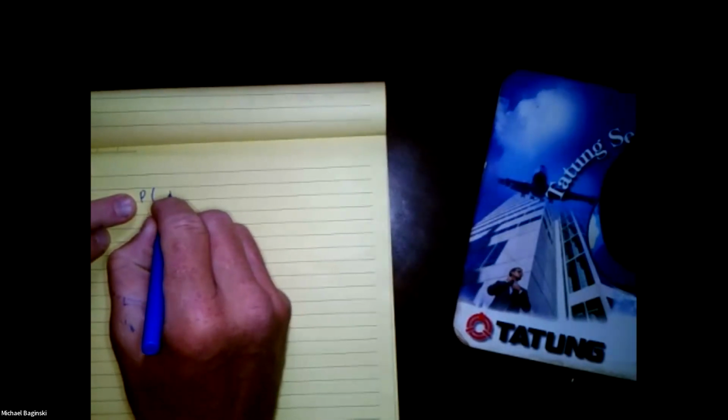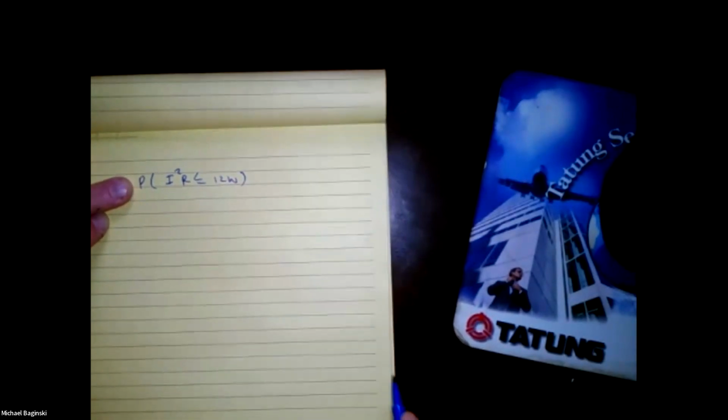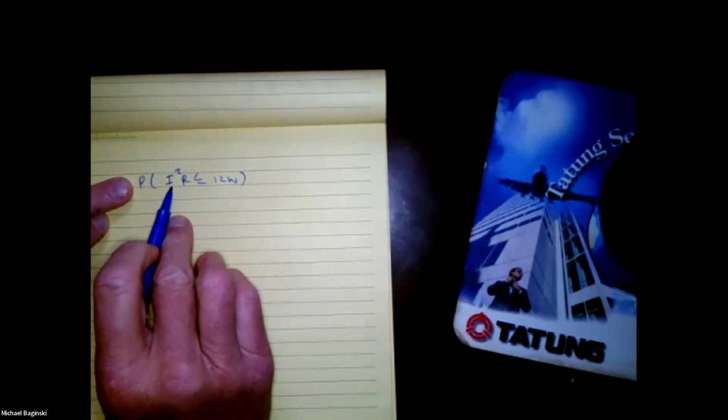So the power, or I squared R, is less than or equal to 12 watts. Do y'all remember what I said to do on this one? Current is Rayleigh, right?